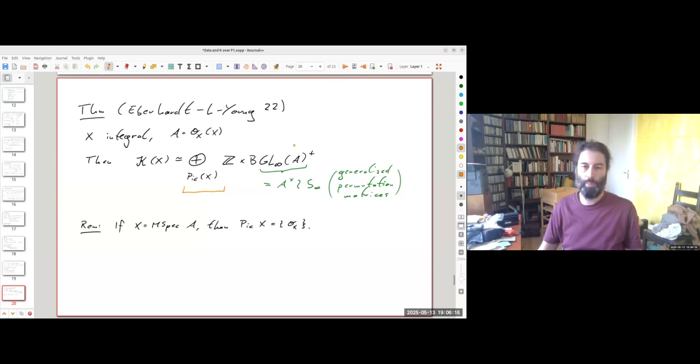Direct sum means you have pointed topological spaces. So in almost all factors, we have the base point, and in finitely many factors, it's something else, which is indexed by elements of the Picard group of X.